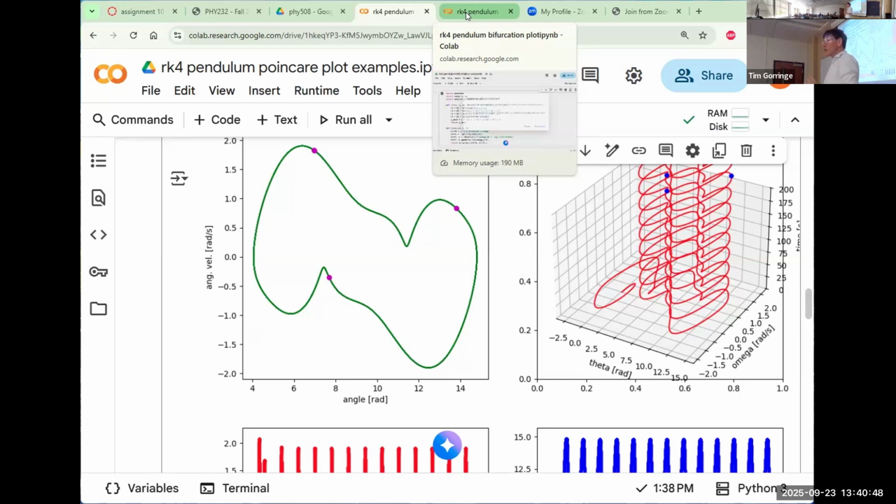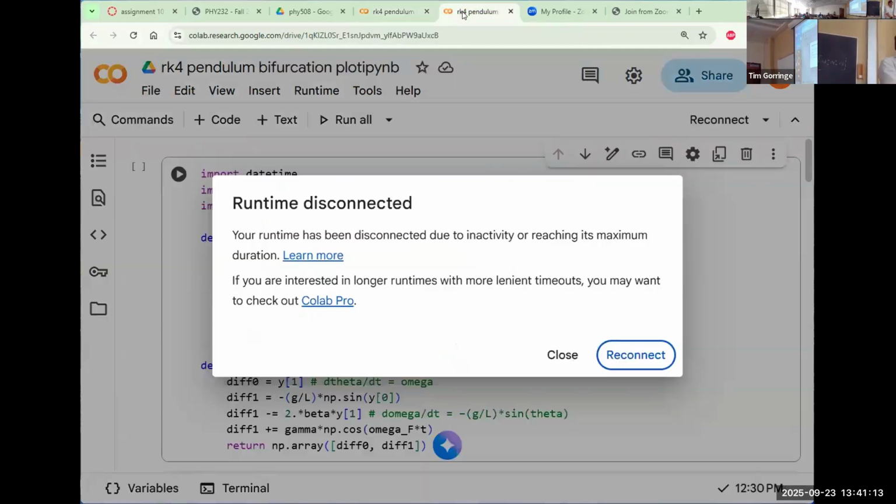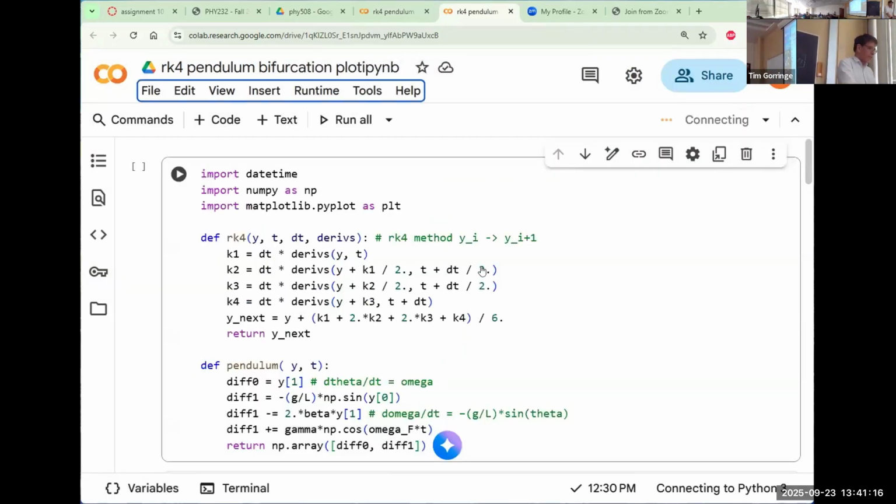If we really want to explore this well, we want to scan the space of the driving constant, vary it systematically. We want to scan, say, the space of the driving frequency, vary it systematically. So I've got a second code here in which I basically do it. And I'm going to scan the driving constant.